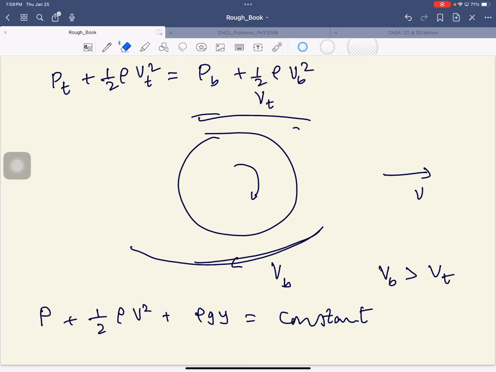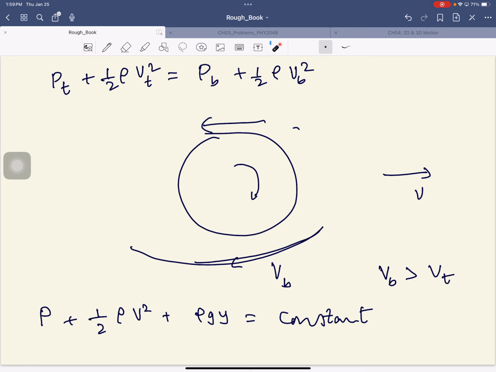That's what this equation is telling you, okay? Well, the velocity at the bottom is greater than the velocity at the top. So whenever a fluid flows faster, the pressure there is lower. The pressure at the bottom is lower, the pressure at the top is higher, so the ball gets pushed up.